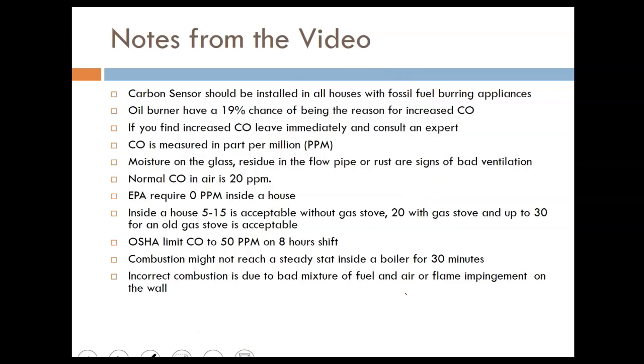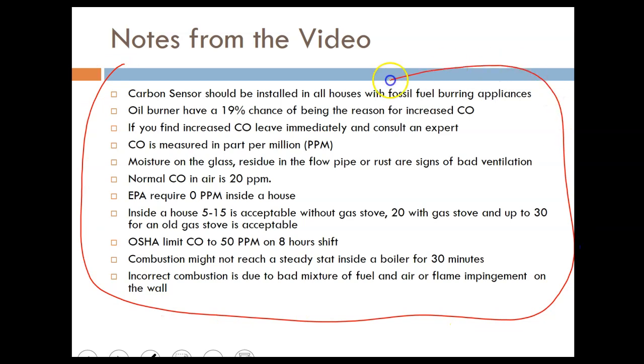So please look at the carbon monoxide issues in the video that I'm going to post on the Blackboard. And these are some notes that I gathered from the video. I hope you look for these as the person in the video talks about them. The whole thing is trying to educate you about carbon monoxide and why it is very important to prevent against it, because it is very dangerous and it has no smell.